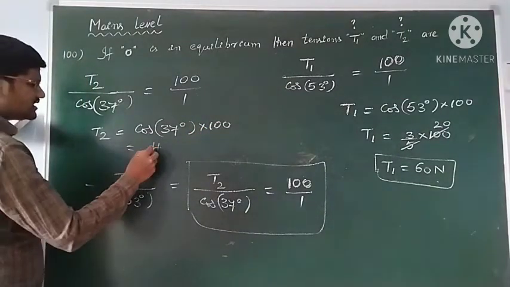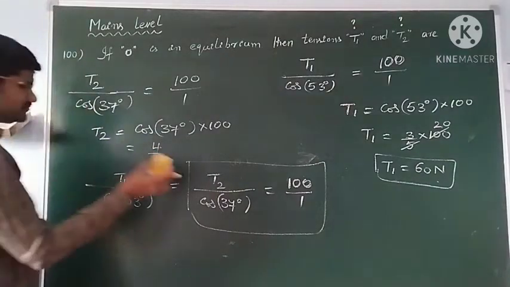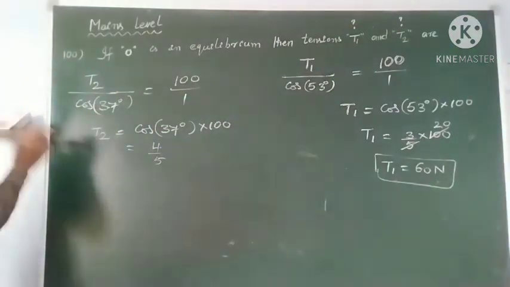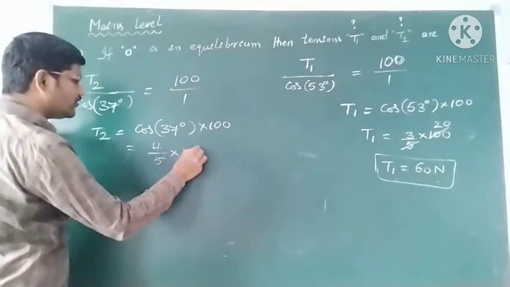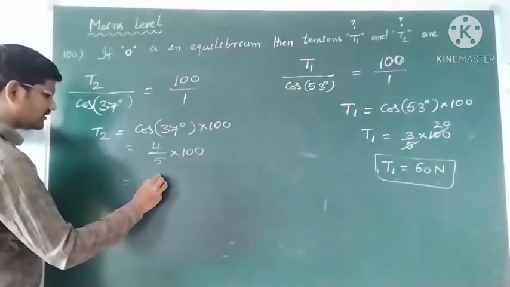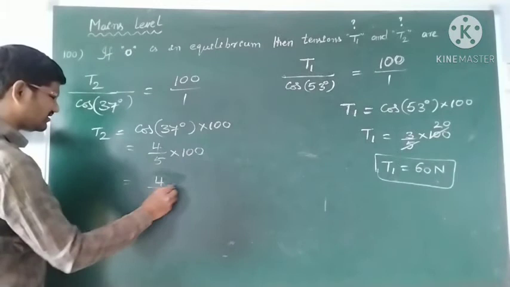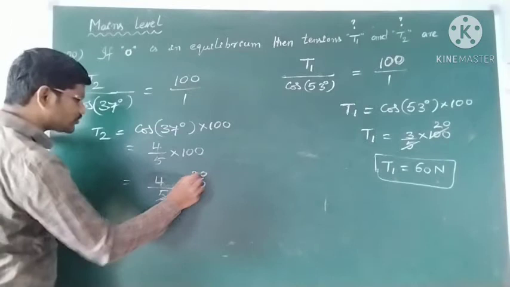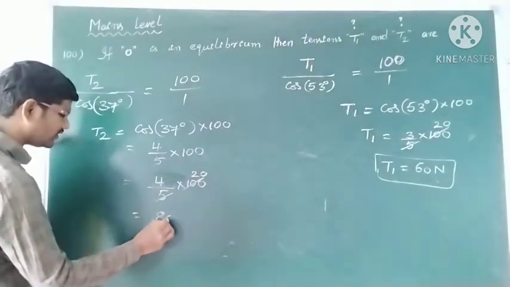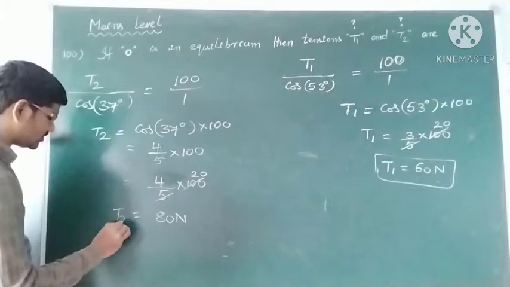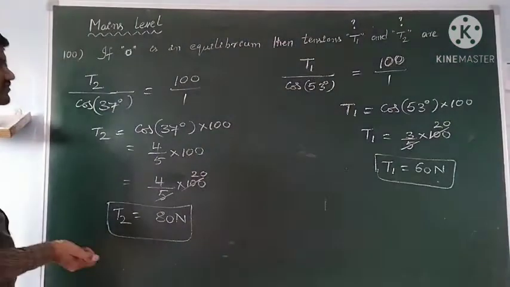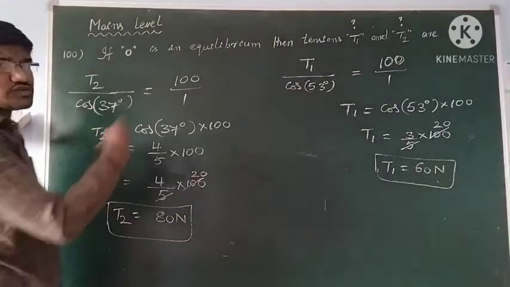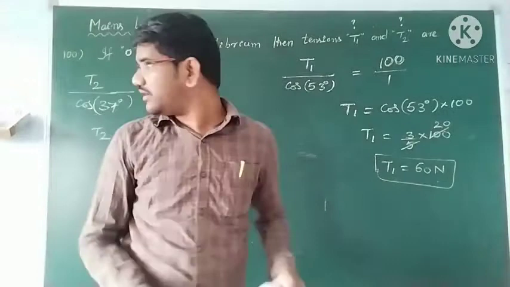Cos 37 degrees value is 4 by 5, into 100. 5 twenties are 100, then 20 into 4, 80 newtons is the tension T2. So T1 and T2 we have found. Now I will go for the next problem.